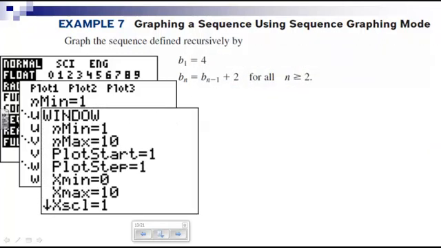Then the last thing, if we want to do the graph, we need to say, okay, what's our window going to look like? Remember, our horizontal axis is going to be representative of the n values: 1, 2, 3, 4, so on and so forth. So the question is, where are we going to start? Let's do the first 10 terms.